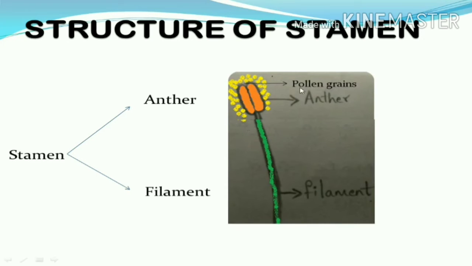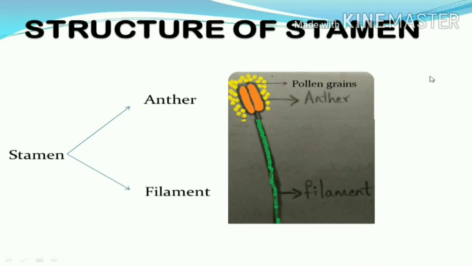As you all can see, anther is a bilobed structure that produces pollen grains. These pollen grains carry male gametes or male sex cells which fuse with female gametes to form zygote by the process of fertilization.